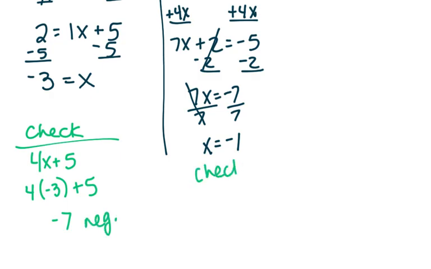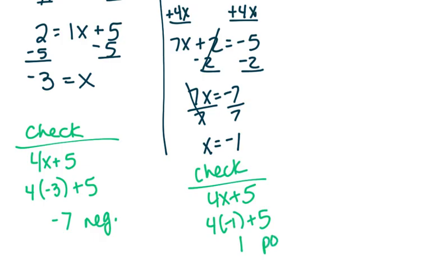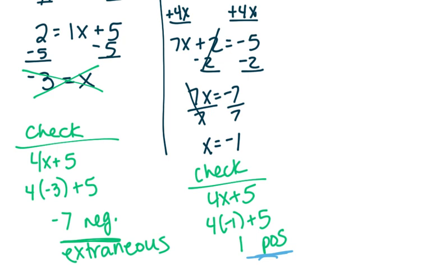For this one over here, we have 4x plus 5. I'm going to do 4 times negative 1 plus 5, which is 1. So this is positive. If you get a negative, that means it's extraneous. And when it's extraneous, we cross out our answer. We don't include it. If it's positive, like the one on the right is, we circle it. So for this problem, our answer is x equals negative 1.